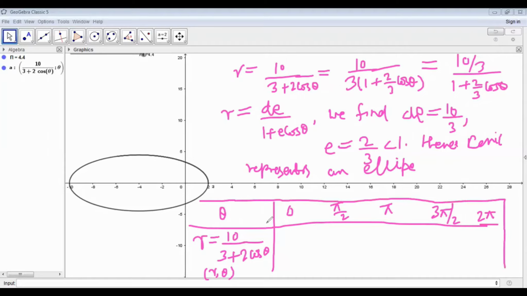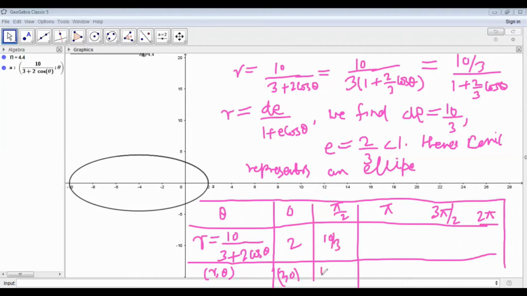If theta equals 0, cos 0 is 1, so r equals 10 by 5, which is 2. The coordinate is (2, 0). For theta equals pi by 2, cos pi by 2 is 0, so r equals 10 by 3, and the coordinate is (10 by 3, pi by 2).